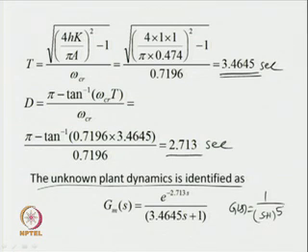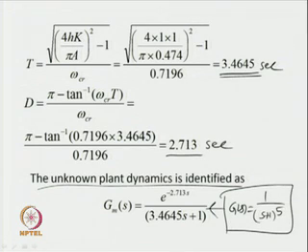So, the actual plant with the dynamics given as this has been represented by a first order plus dead time model with time delay of 2.713 seconds and time constant of 3.4645 seconds.